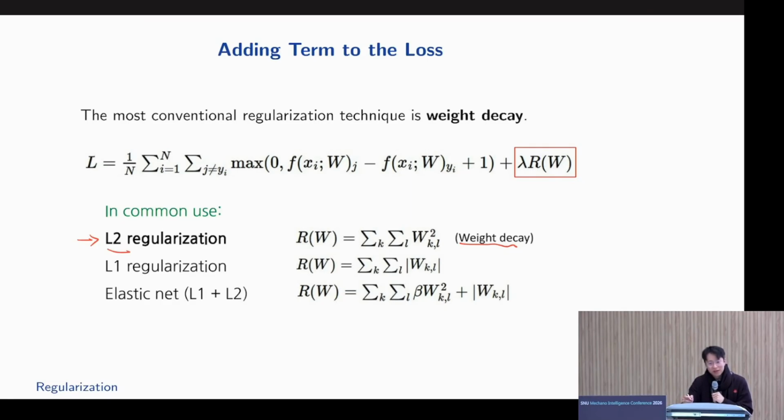They all mean the same thing. Here we have, in this case, hinge loss plus some lambda times a regularization function. And this lambda is called the regularization hyperparameter.